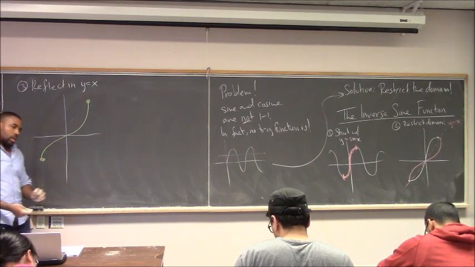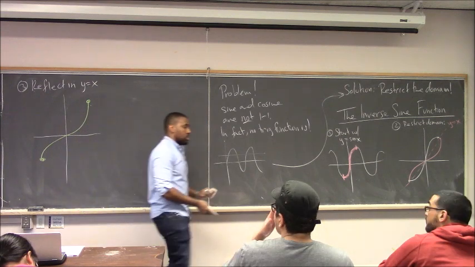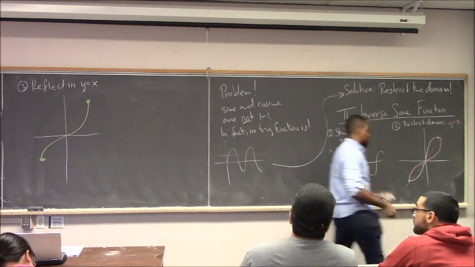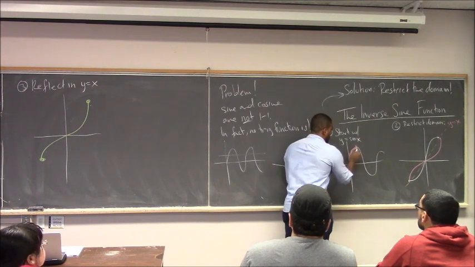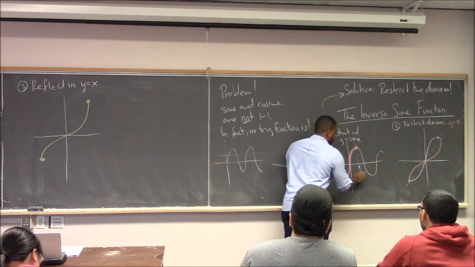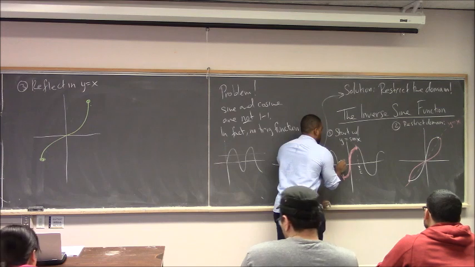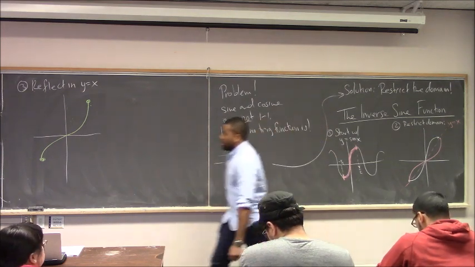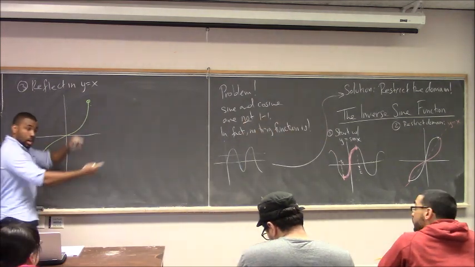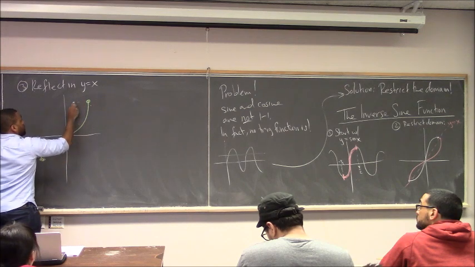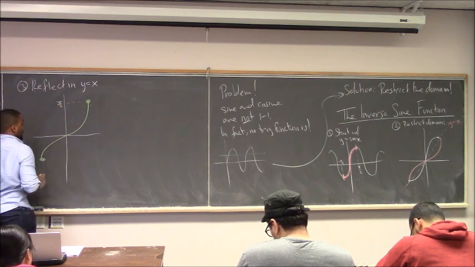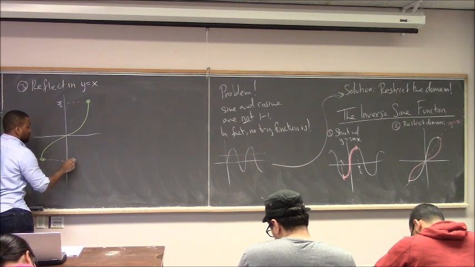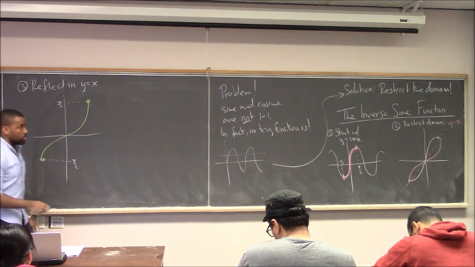Now remember another property of inverse functions. The inputs become the outputs and the outputs become the inputs. Here, this happens at pi over 2, and this happens at minus pi over 2. So what was on the x is now on the y. So the peak of this is going to be pi over 2, and the depth is minus pi over 2. X and y are going to switch places.